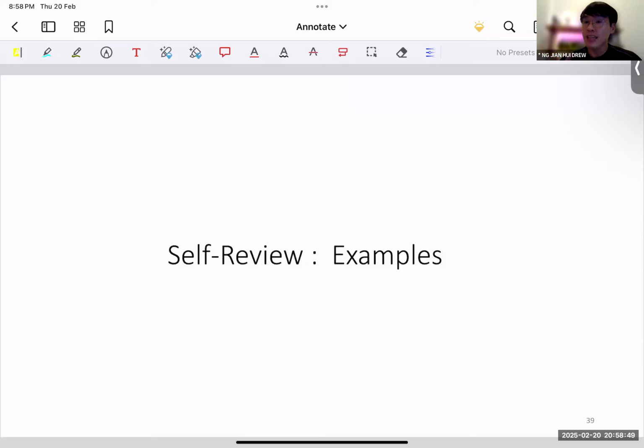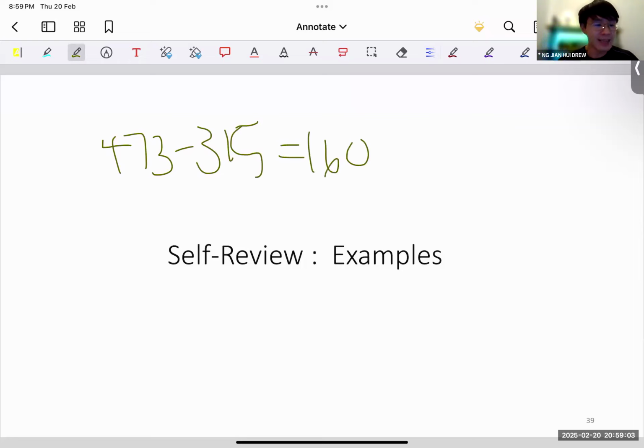I noticed some of you also typed out the workings. For example, 473 minus 315 equals 160, then 1.6 divided by whatever, right?